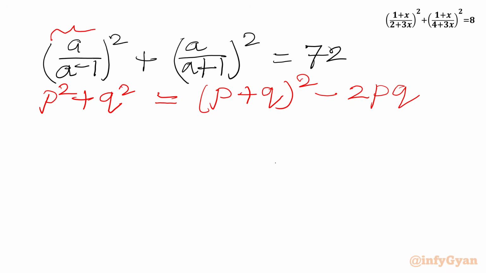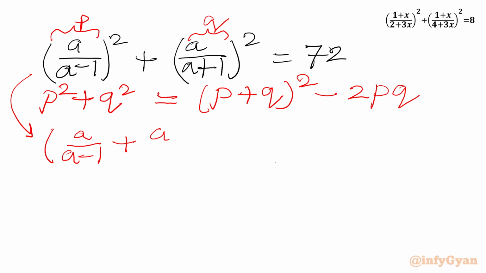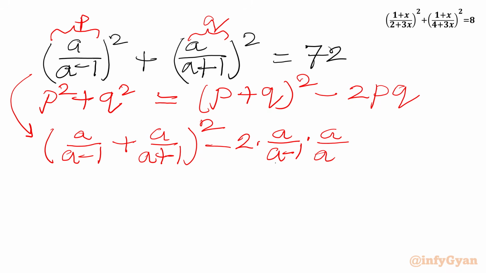So if this is p and here we can assume this is q, then we can write our equation using this formula: (a over (a minus 1) plus a over (a plus 1)) whole square minus 2 times a over (a minus 1) times a over (a plus 1) will be equal to 72.